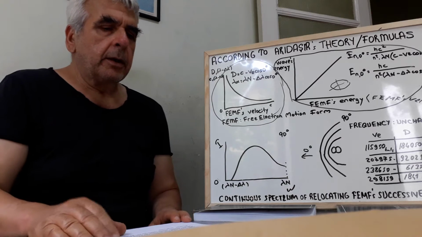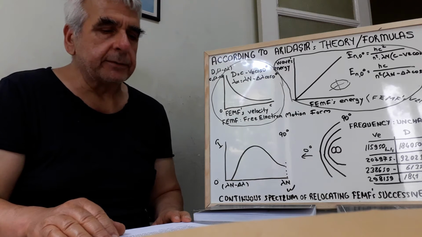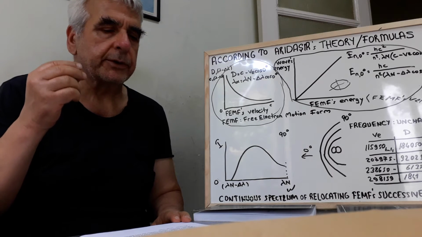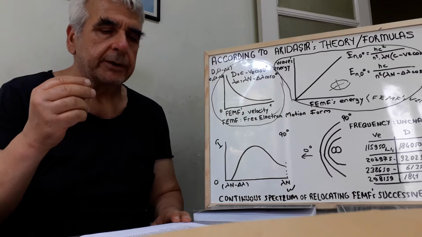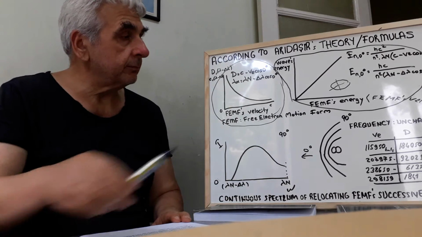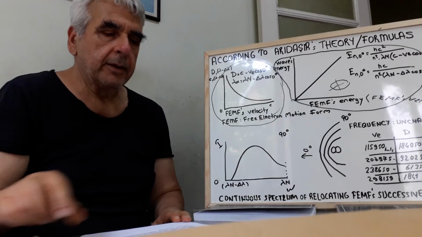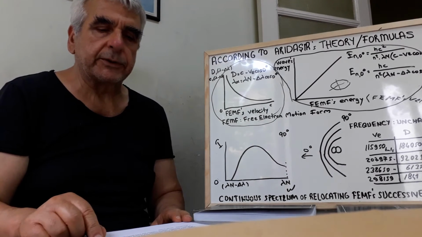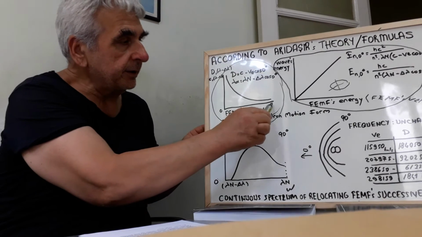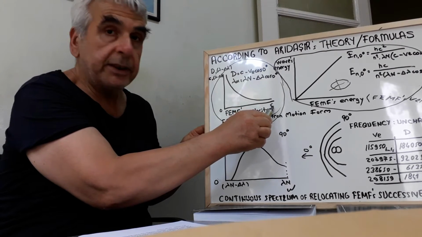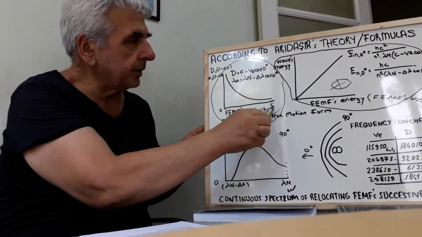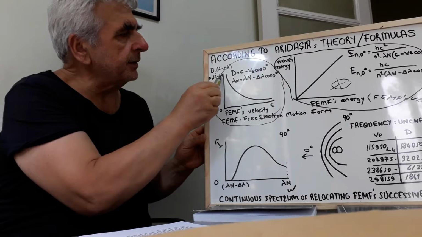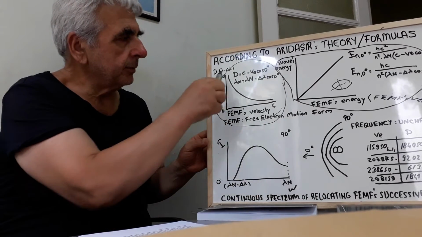2. According to my theory and my formulas, successive wave velocity and wavelength are inversely proportional to the electron motion form's velocity. If the free electron motion form's velocity approaches c, the speed of light, here this point c and lambda minus delta lambda, cosine 0 degree.